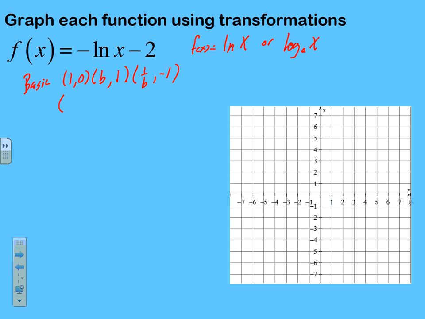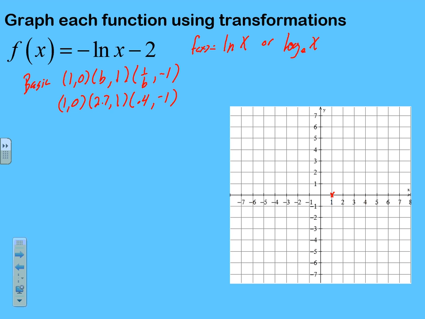So the points that I'm going to use for the basic function will be 1, 0, and 2.7 for e, and about 0.4 for the reciprocal of e, just like what we had with the exponential functions. And so I'm going to go ahead and identify where those points are.